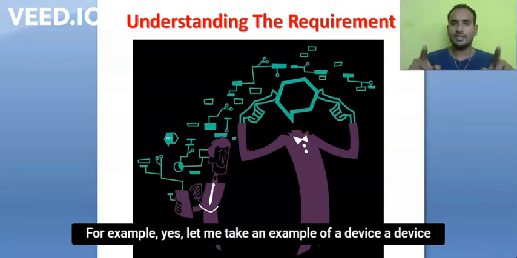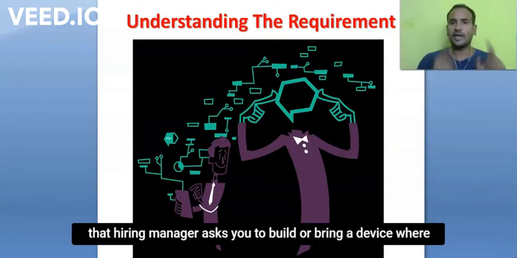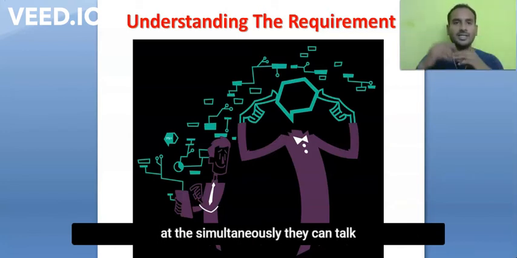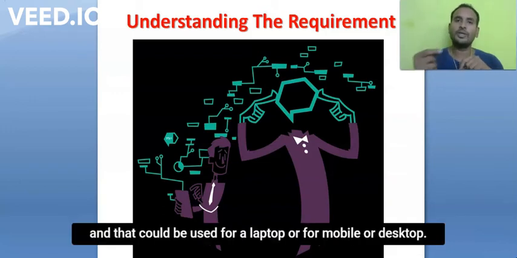A hiring manager asked you to build or bring a device that they can plug into their ears to hear, and at the same time they can talk, and that could be used for a laptop or for mobile or desktop.